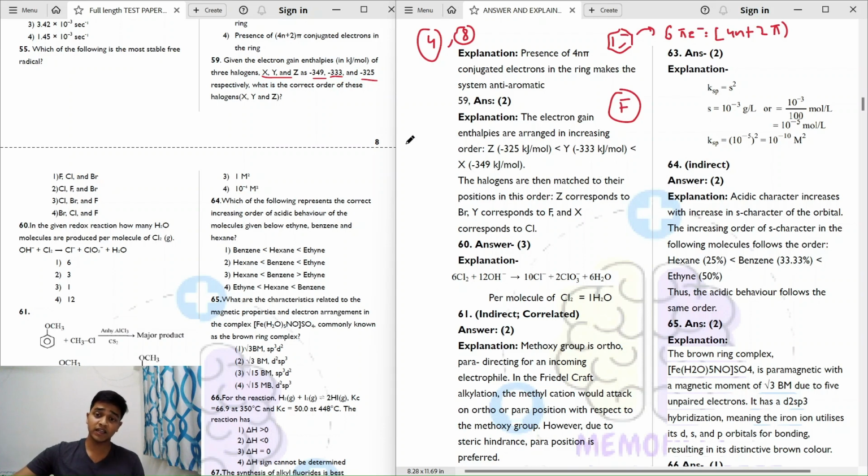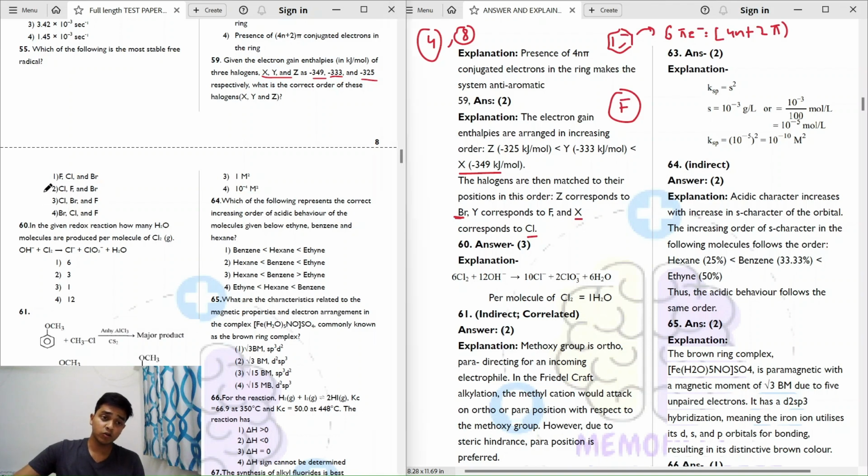So chlorine will have the highest electron gain enthalpy, which is minus 349, so that makes X chlorine. Bromine is large in size, but it has low electronegativity compared to fluorine, so it will have the lowest electron gain enthalpy, which makes bromine Z, and Y will correspond to fluorine. So our correct answer for X, Y, and Z will be chlorine, fluorine, and bromine, which is option 2.